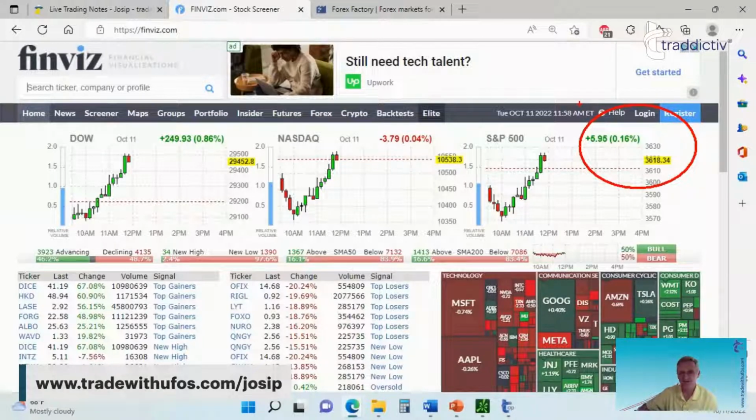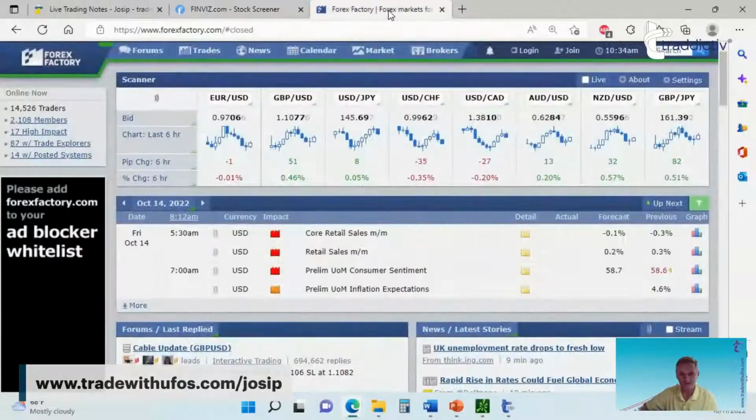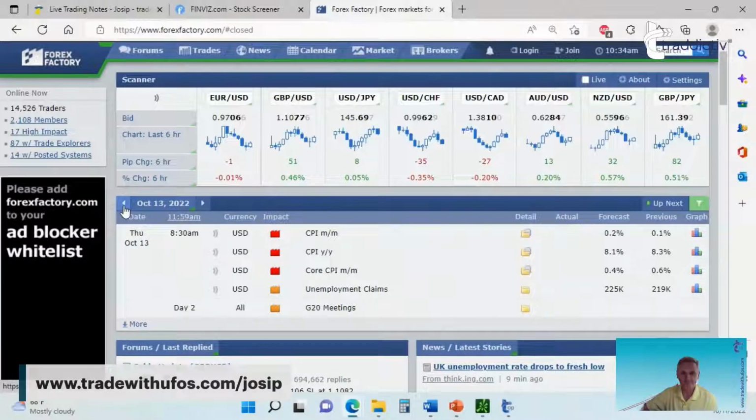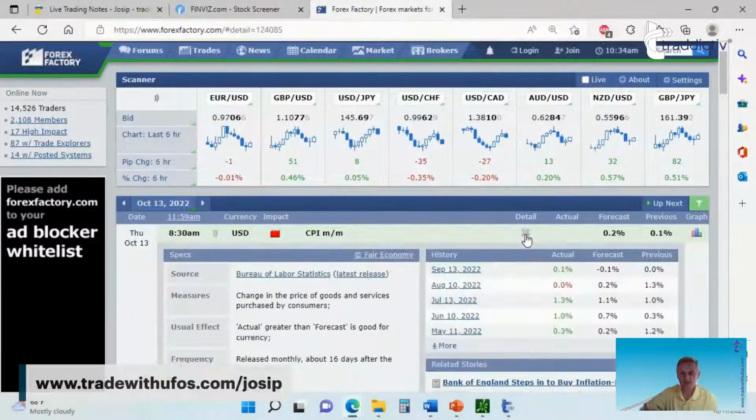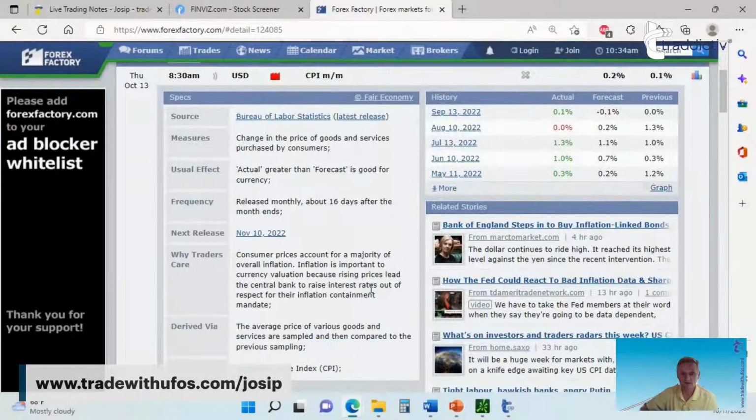This is a non-event day because, ladies and gentlemen, we are waiting for core retail sales on Friday, consumer price index that show us what? Consumer price index, you can find out the details right here when you scroll it down, is an overall inflation indication.